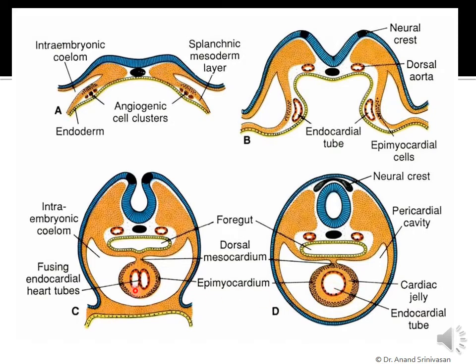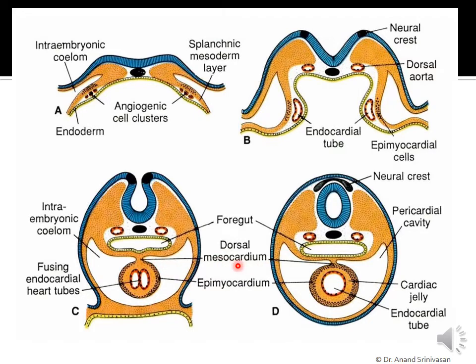Now this endocardial tube is initially attached via the dorsal mesogastrium, or in this case we can call it the mesocardium. It's attached to the dorsal aspect via the dorsal mesocardium.